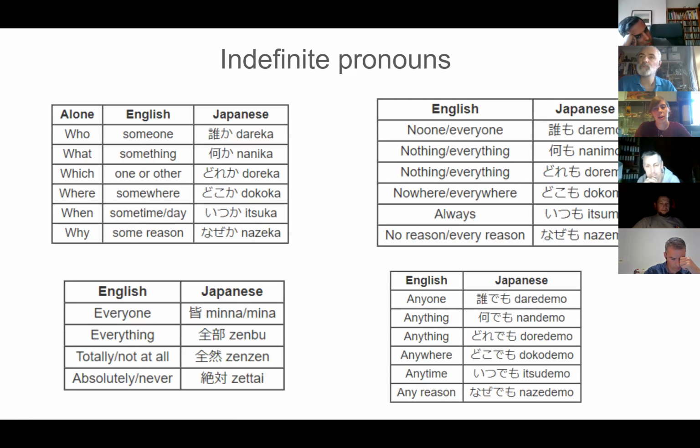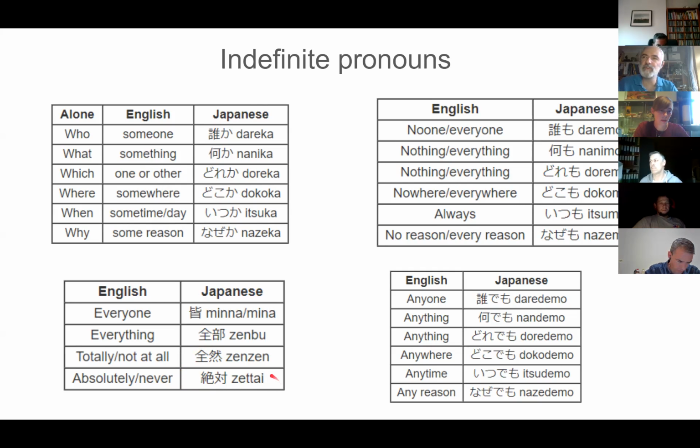Because not at all or never looks the same to me. Usually zenzen is used in the negative. Usually this is zenzen something masen or zenzen dewa arimasen. Even though it says here you can use it for totally, I very rarely hear this being used. Yeah, I think only like zenzen daijobu. Yeah, exactly.